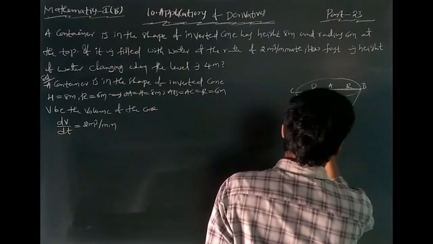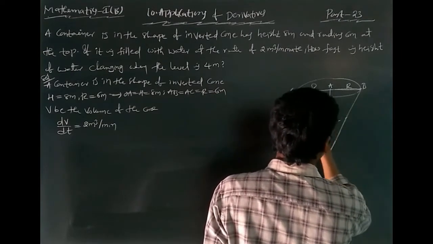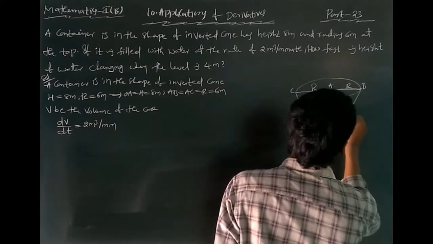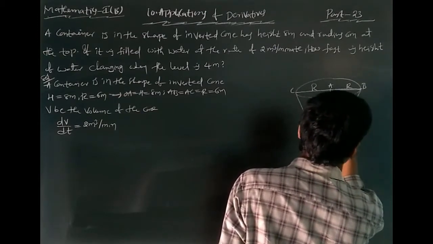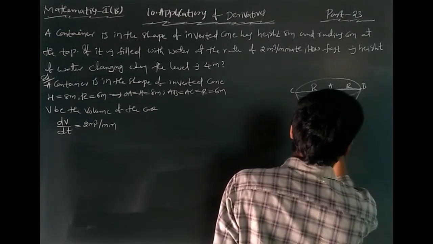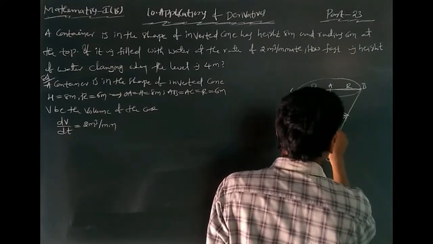Suppose this is the height of the water level. This height of the water level is 4 meters. This is the radius. We take this radius as small r and this height as small h.